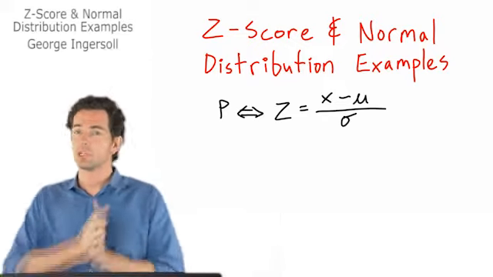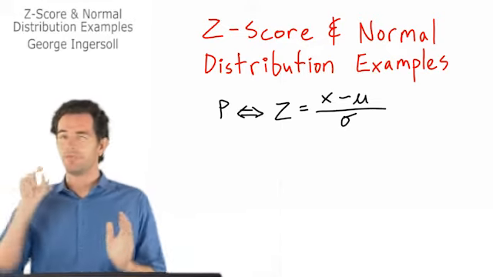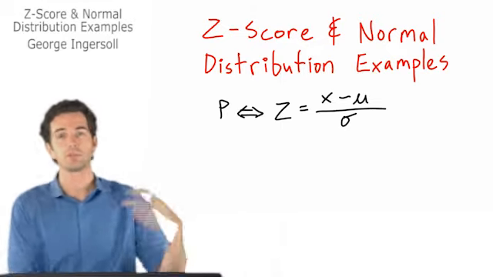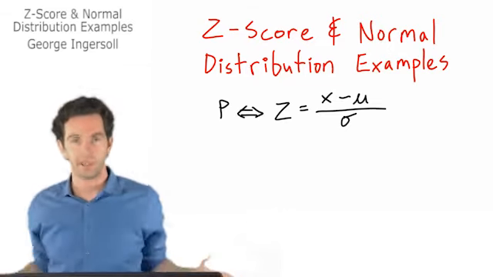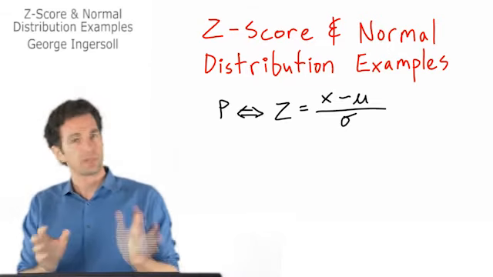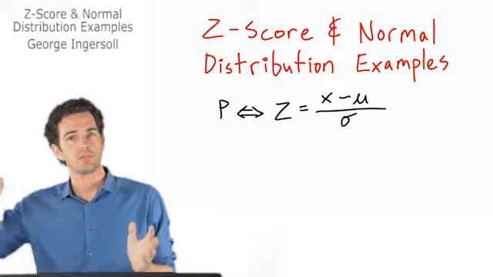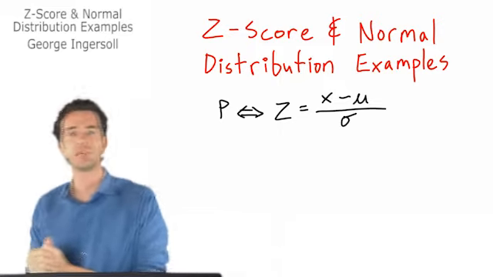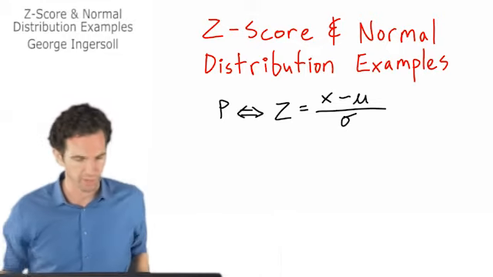In a normal distribution, if you're far away from the mean, there's a very small probability that's going to happen. If you take a random result out of the entire population of results, chances are it's going to be pretty close to the mean. If it's way out there, there's a very low probability associated with it being far to the left or far to the right of the mean.